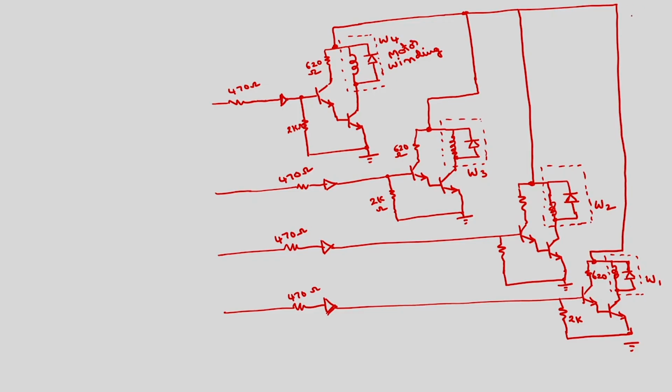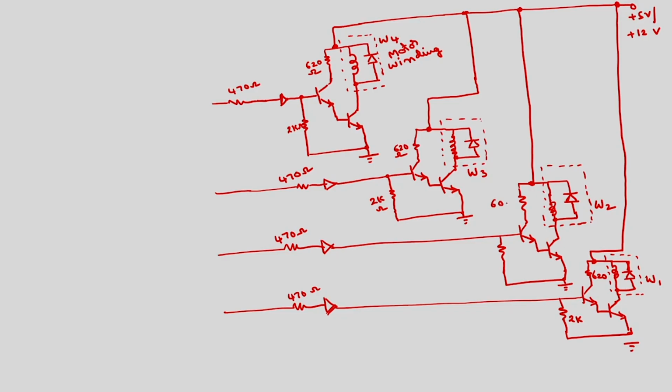This will be given to the common plus 5 volts or plus 12 volts. This is the complete circuitry which has to be connected to the windings of the stepper motor.